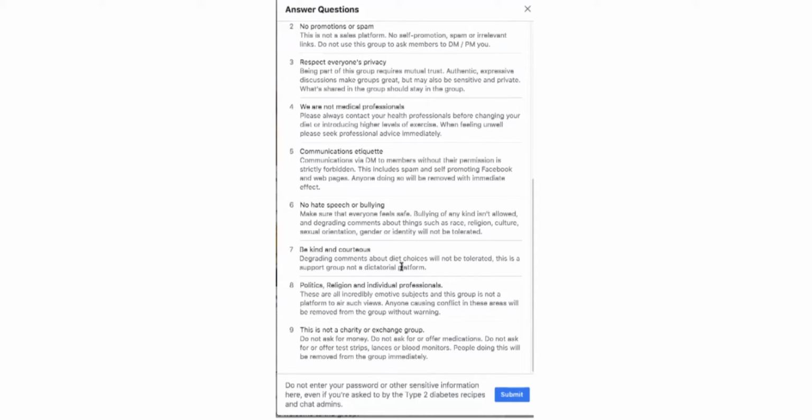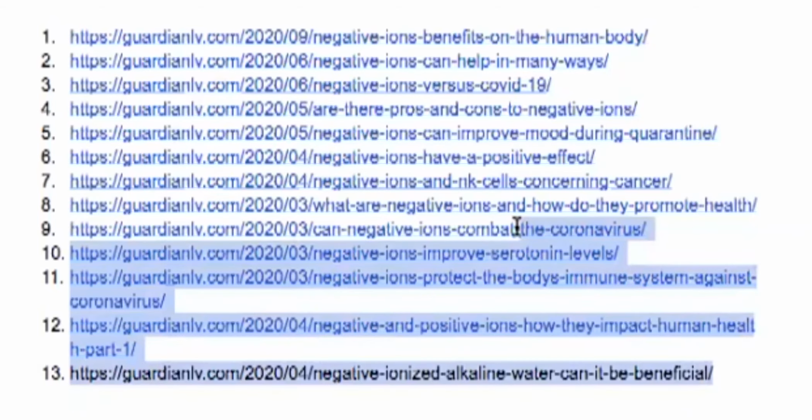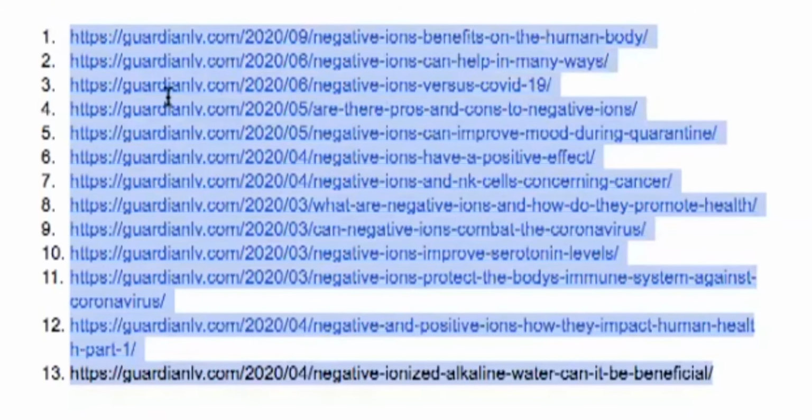And educate them with what? Let me show you what you're going to give them for education. So everybody, I'm going to put this in the chat box. These are links to negative ion articles, but you want the negative ion articles that specifically talk about diabetes.